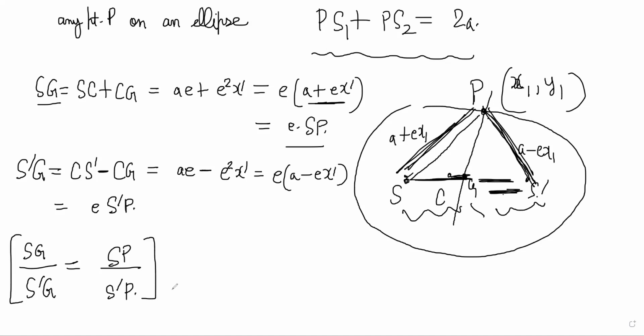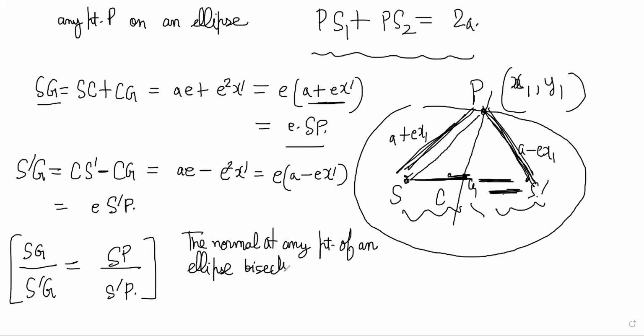What we are getting here is that the normal at any point of an ellipse bisects the angle SPS dash, where SPS dash is like joining it to both the foci.